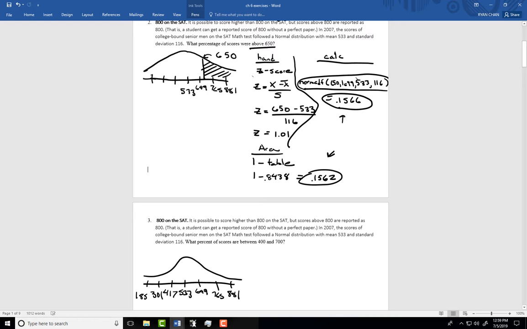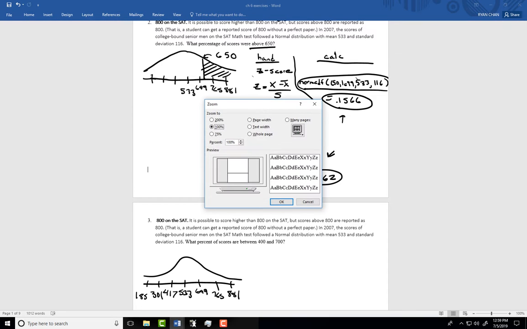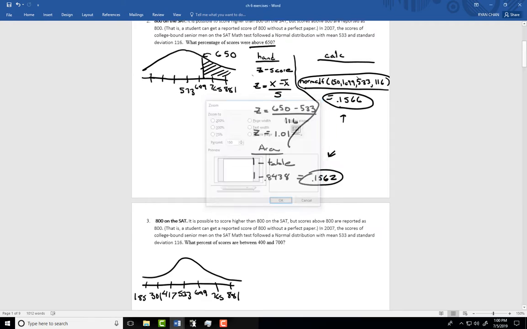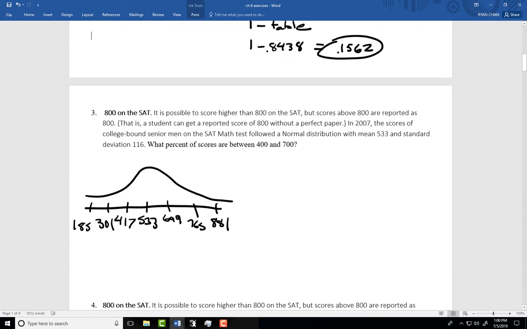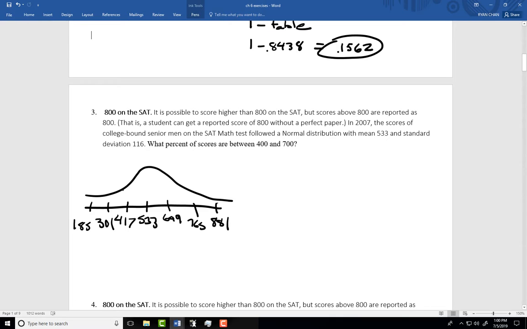If you're going from 400 to 700, let's draw this out and understand what's happening. If I had to guess, 400 is about right here. So we're trying to find an area for this.